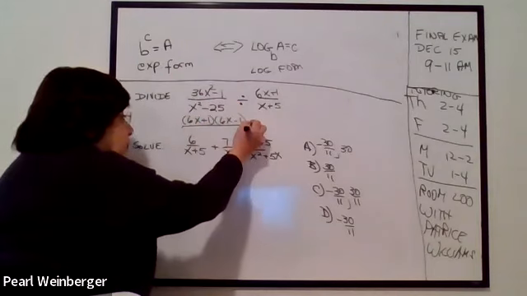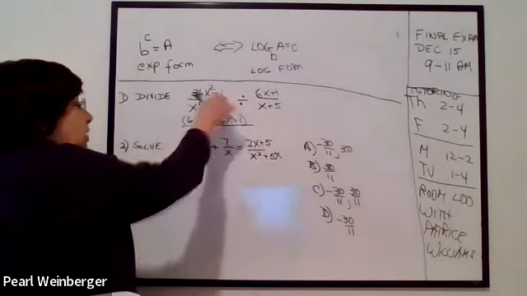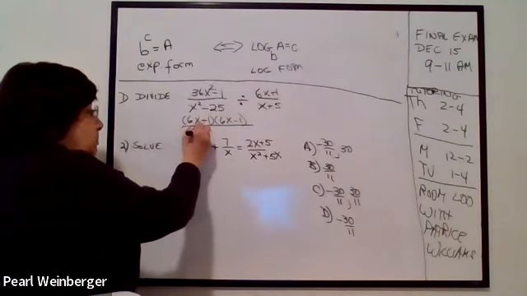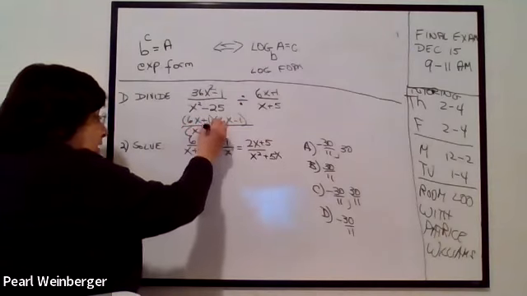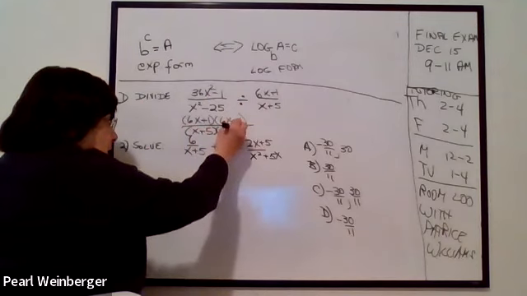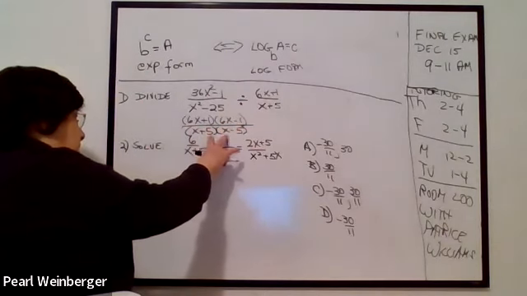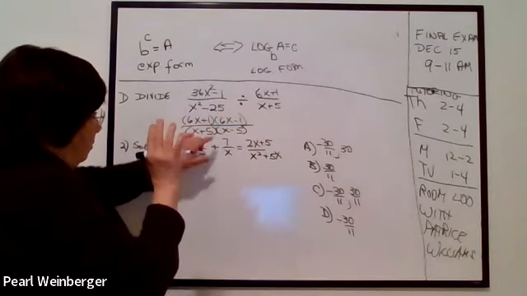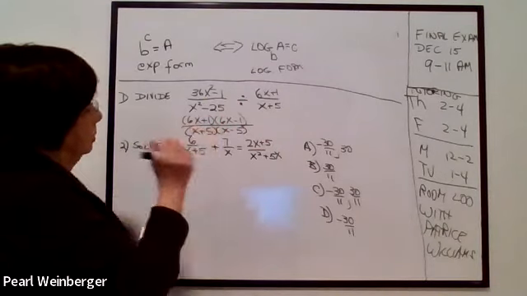The denominator, x squared minus 25, is also the difference of squares, so I can break that up into x plus 5 and x minus 5. Remember, you get the two binomials looking identical, except one is plus and one is minus. In other words, conjugate binomials.